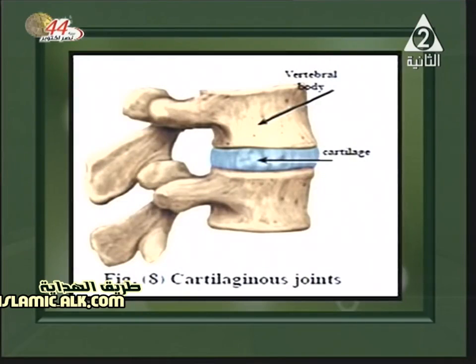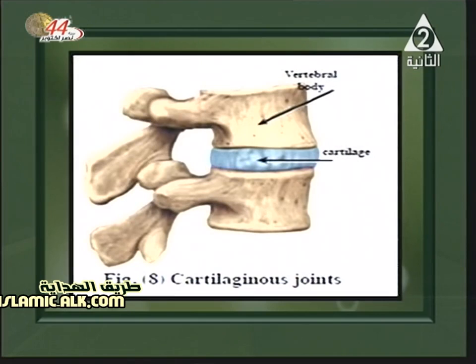They allow very limited movement. So the first type, fibrous, does not allow any movement, like joints between bones of the skull, serrated bones. Number two, cartilaginous joint, allows slight or limited movement, like the cartilage found between the vertebrae of the vertebral column, as shown in the figure.